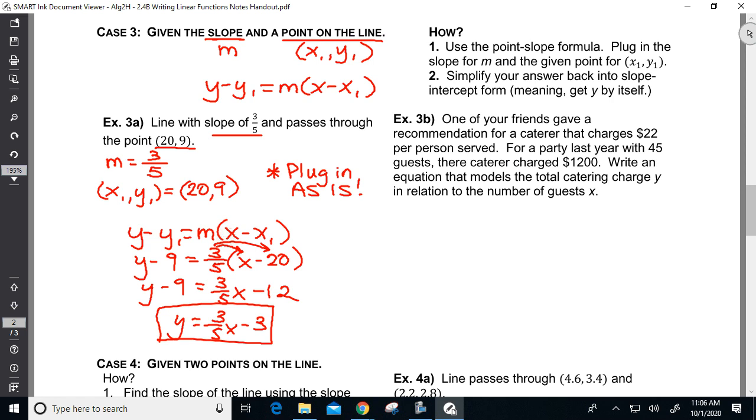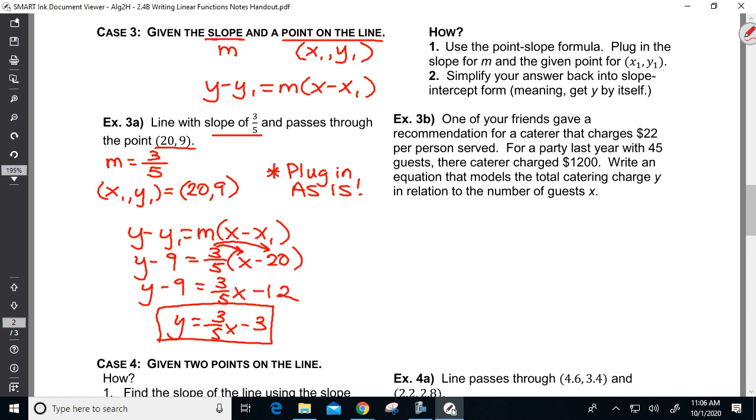Part B. One of your friends gave a recommendation for a caterer that charges $22 per person served. For a party last year with 45 guests, the caterer charged $1,200. Write the equation that models the total catering charge Y in relation to the number of guests X. So I gotta remind myself to fix the typo.